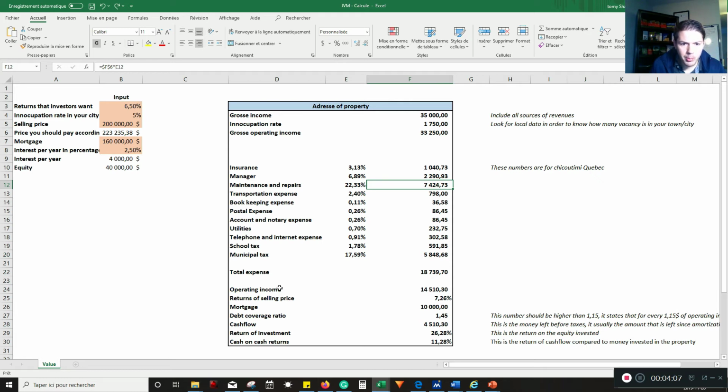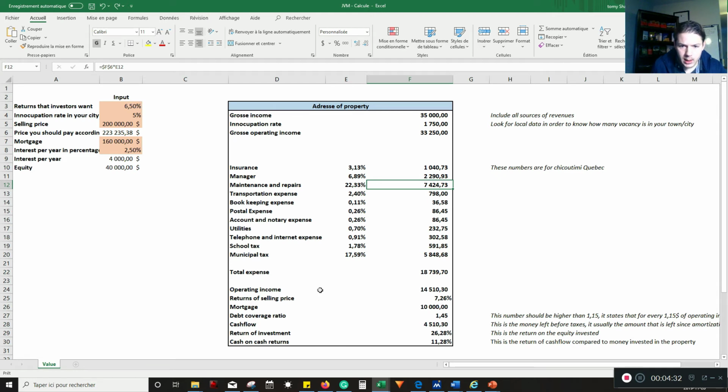So your operating income, this includes gross operating income minus all the expenses, which gives you an operating income. When we divide this number by the number that the seller is asking, this gives us a cap rate, or the return on the selling price, 7.26%.